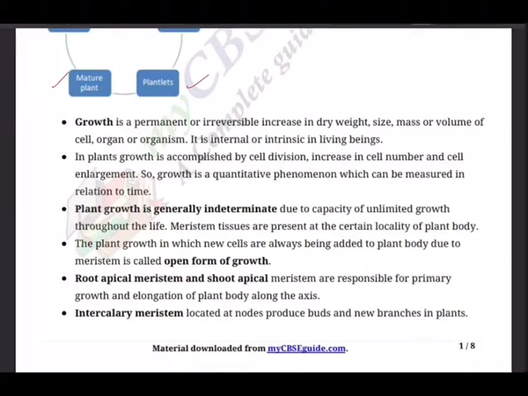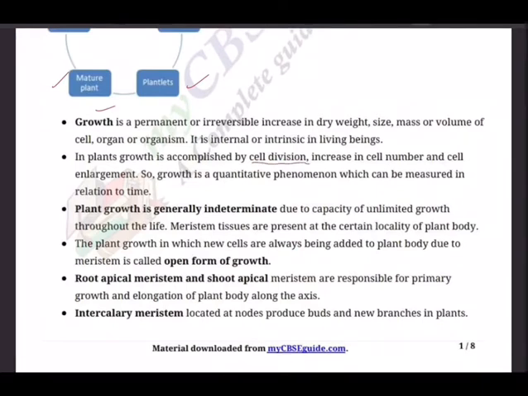So one of the characteristics of living things is to exhibit growth and development. So growth is a permanent one, it is an irreversible one. Because of growth, height will be there, weight will be there, volume will be there, addition of cells will be there, addition of organs will be there, the organism as a whole will have all these. So it is an internal or intrinsic force.